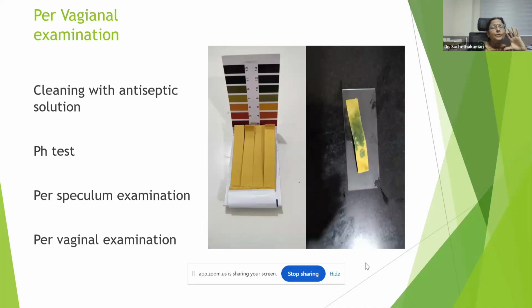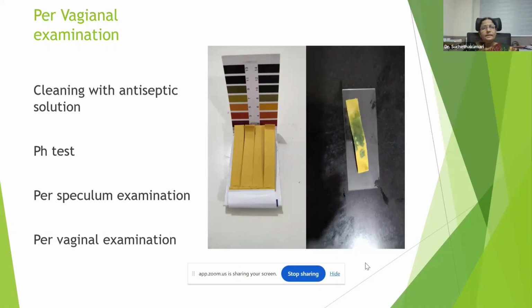But when we do the vaginal examination, if the lady is having vaginitis, then dhavana chikitsa may be sufficient. But in case she has any cervical pathology, like a cervical erosion, then dhavana alone is not sufficient. With the dhavana, she may need a treatment like the Ksarakarma for the cervical erosion.